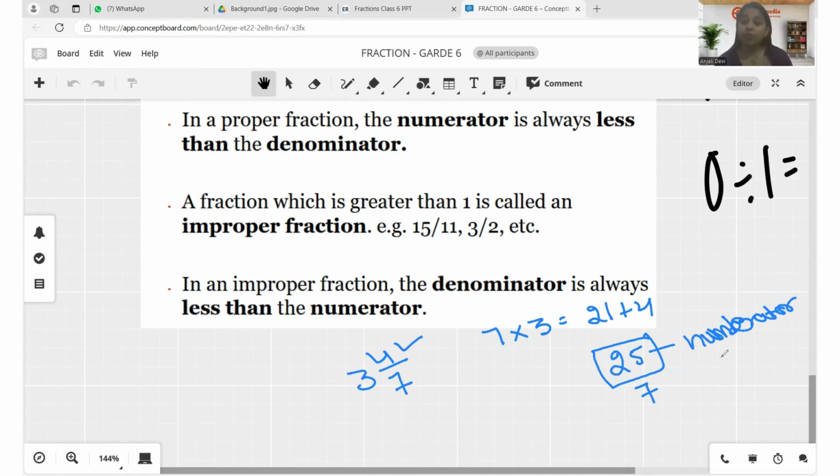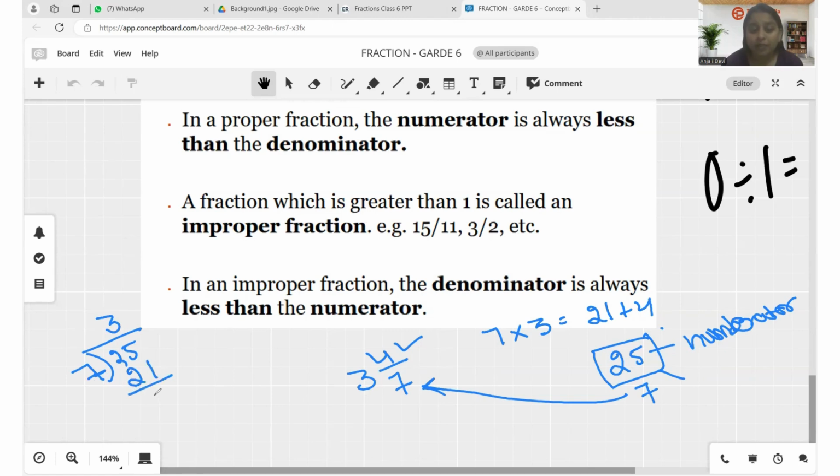Now let's put it otherwise. This is an improper fraction. Please note that also. Let's convert this again into a mixed fraction. How do we do that? 25 divided by 7. How much is 25 in 7's table? Correct, it's not there in 7's table. So how much do we need to take? 7 threes are 21.